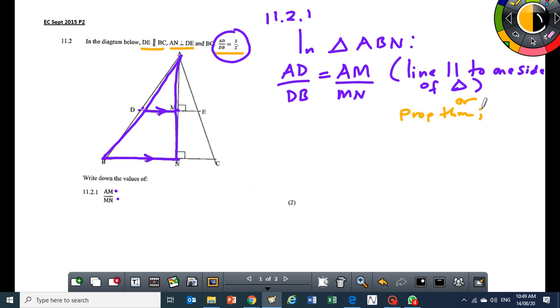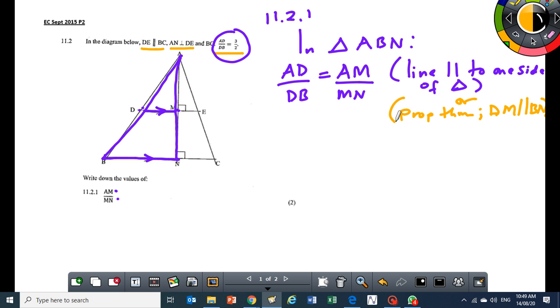Then you must state the lines that are parallel. So in triangle ABN, we are going to have DM is parallel to BN. Right? So any of these two reasons are acceptable. As I told you in class yesterday, I prefer the first one. But you can decide which one you prefer.